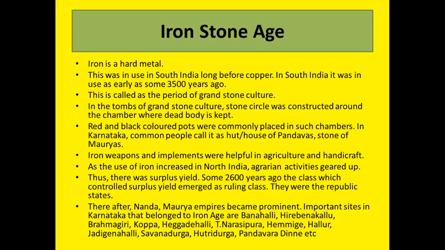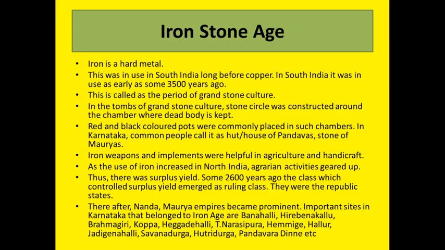In the tombs of Megalithic culture, a stone circle was constructed around the chamber where the dead body is kept. Red and black colored pots were commonly placed in such chambers in Karnataka. Common people called them huts or houses of Pandavas, stones of Mauryans.